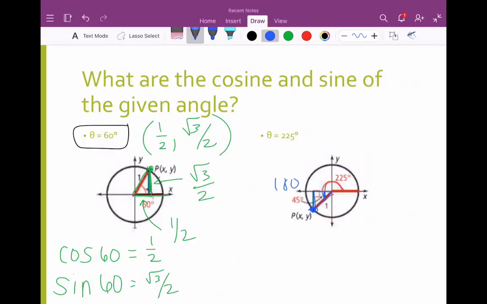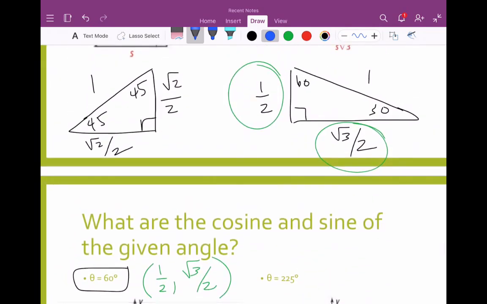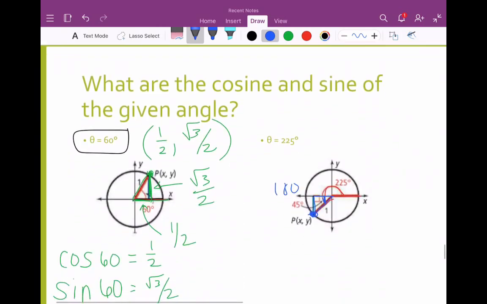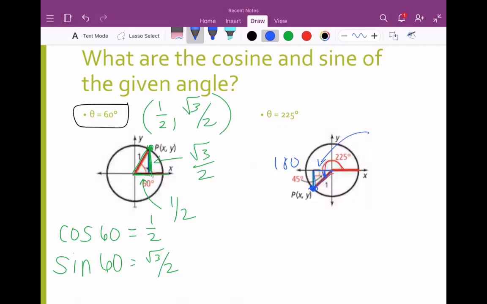So then I need to figure out what the two shorter sides are. So I'm going to go back to my special right triangle and the 45, 45, 90 triangle, where again each side is the square root of 2 over 2. So that means that this side right here is the square root of 2 over 2, and this side right here is the square root of 2 over 2. So that means that that point will end up being, so note here, starting at the origin, I go to the left the square root of 2 over 2, so that means that it's a negative square root of 2 over 2.